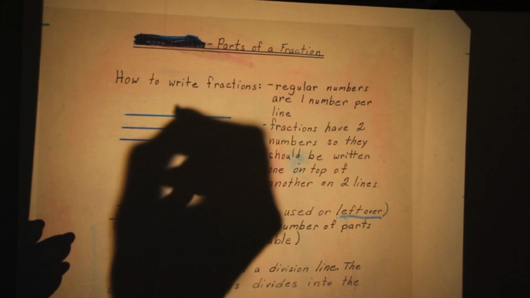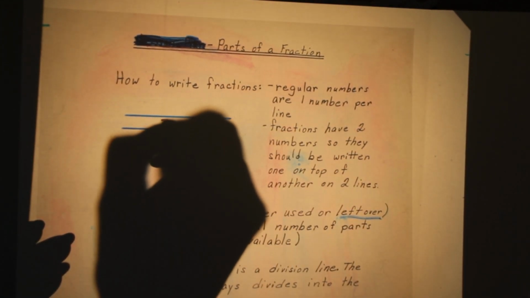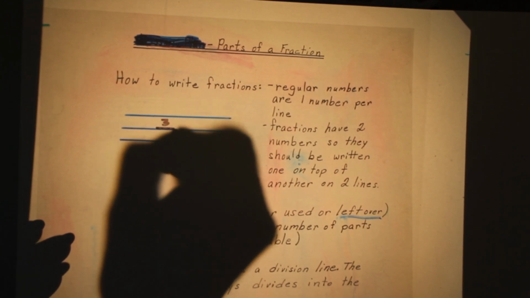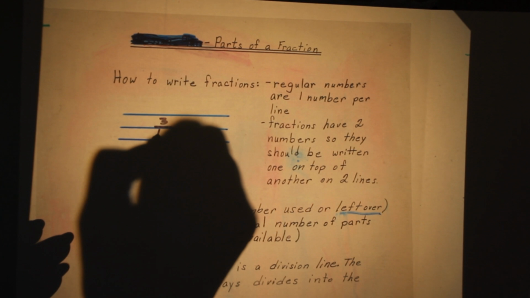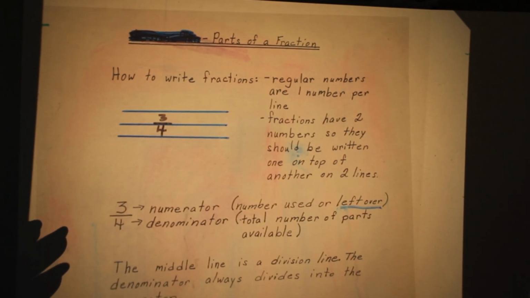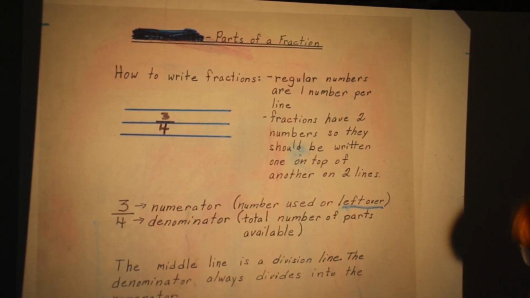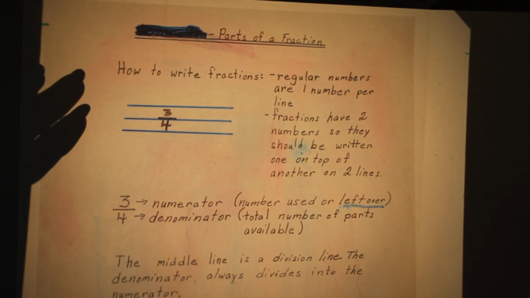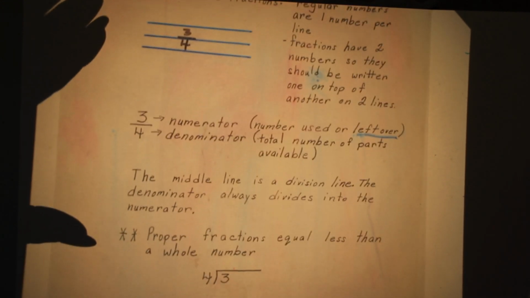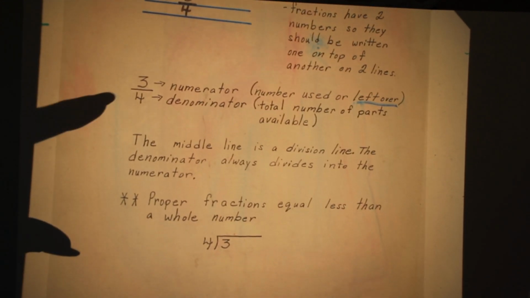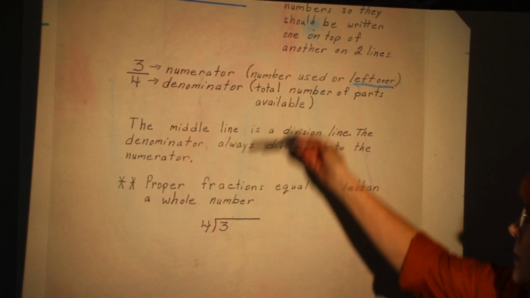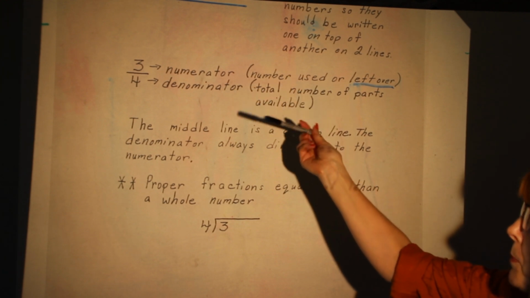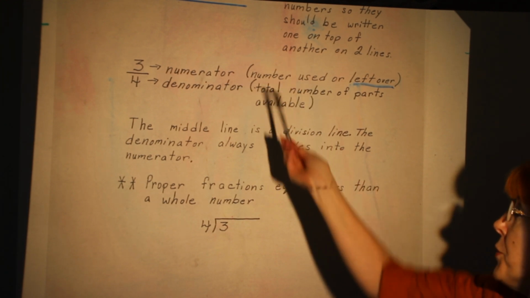So if you have 3/4, 3 will be on the top, and your line, that happens to be your division line, and then a 4 underneath. Your top number in a proper fraction is your numerator.